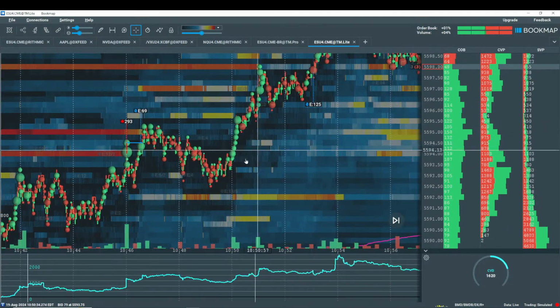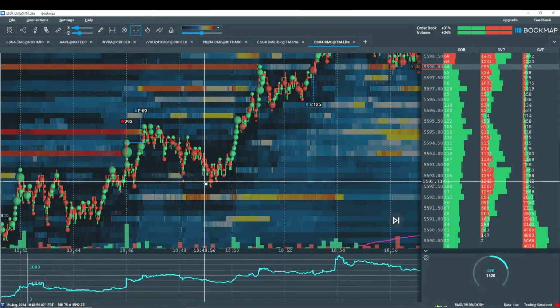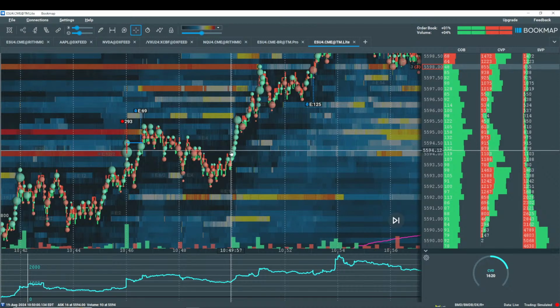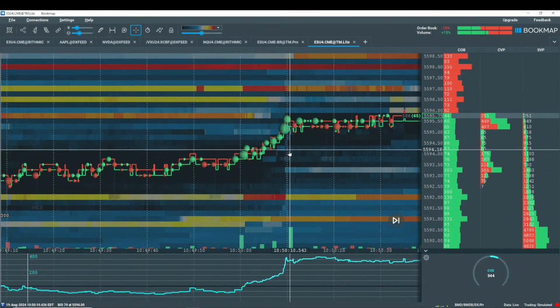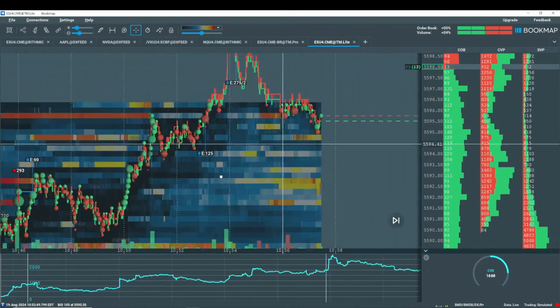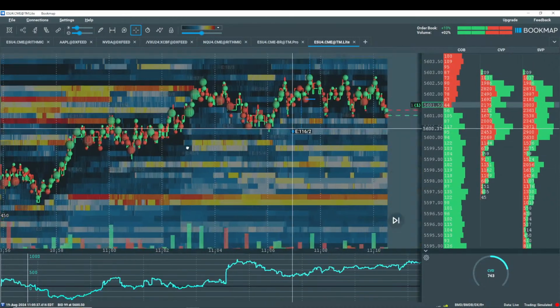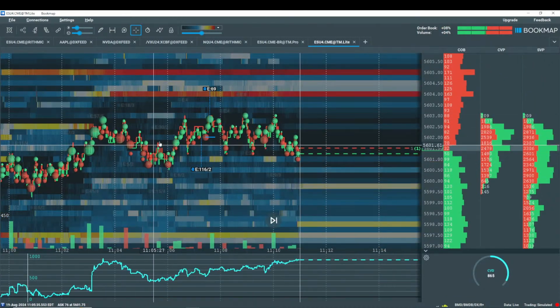I can't recall, but once it's retested those areas and chopped a bit, we're seeing that buying coming in here in this case, and we had our order book helping us underneath. Not as much though, not as much as we've just seen the order book helping recently. Okay, so yeah, this has turned into a really choppy little zone in here.